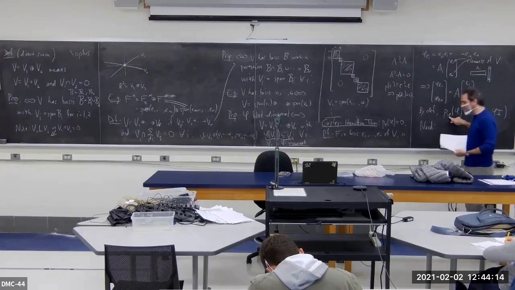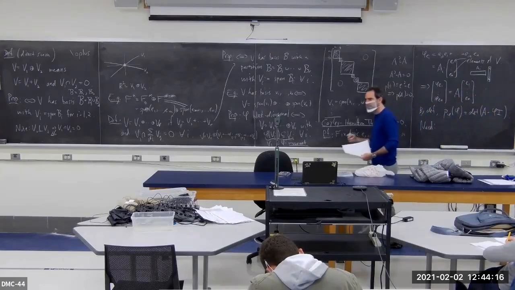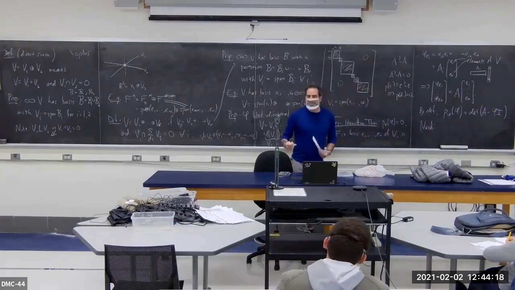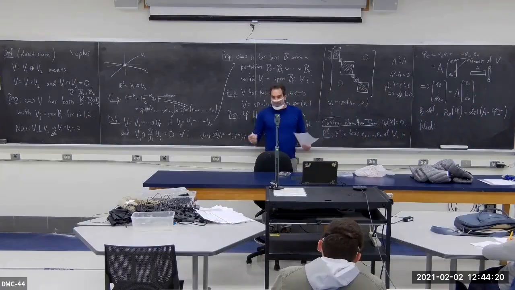How do I demonstrate that a linear transformation is 0? Well, I have a linear transformation from V to W. That linear transformation is 0 if and only if it sends a basis of V to 0. So I need that all the basis vectors go to 0.